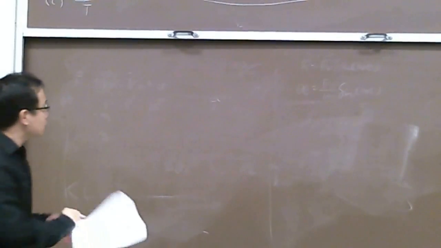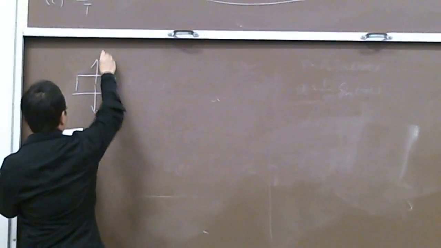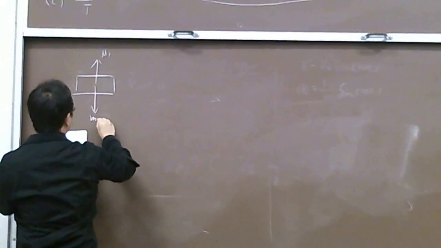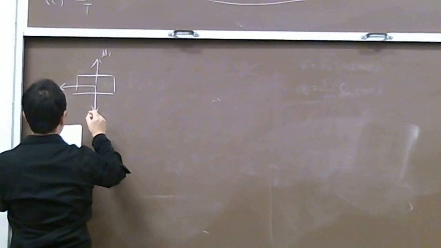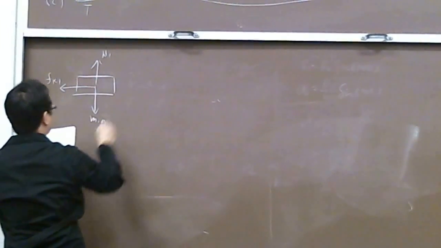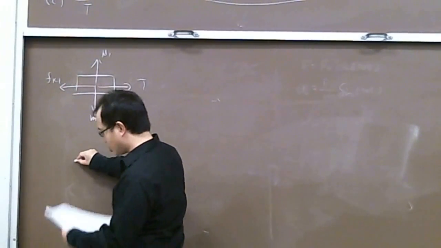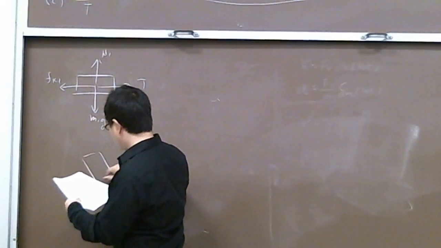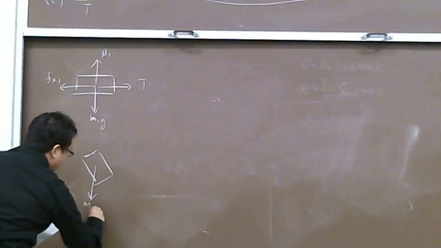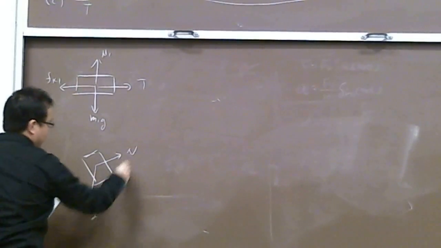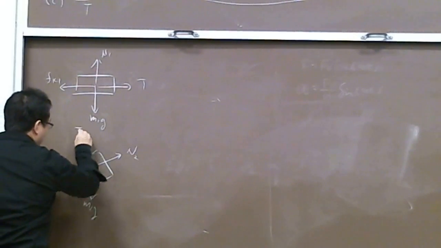Let's look at the force analysis. For the first object, M1 here, M1G here, this is FK1, and this is tension T. For the other object, you have M2G here, normal force N2 here, and tension T here.